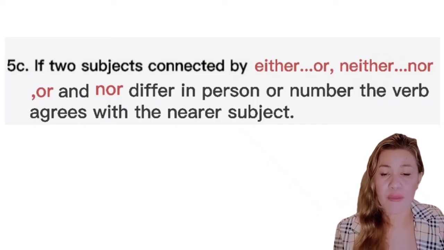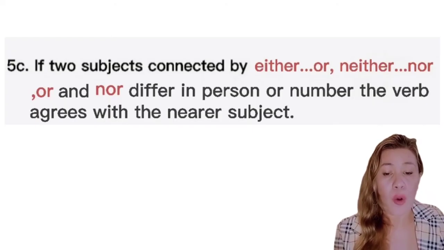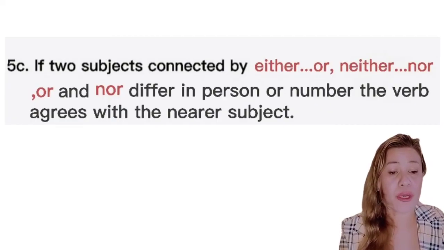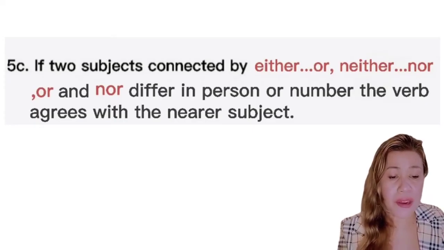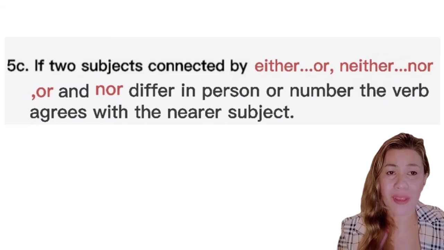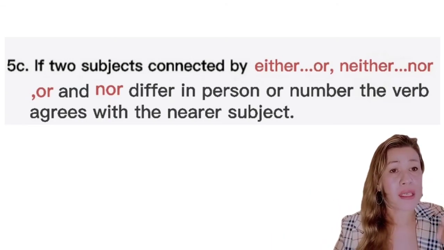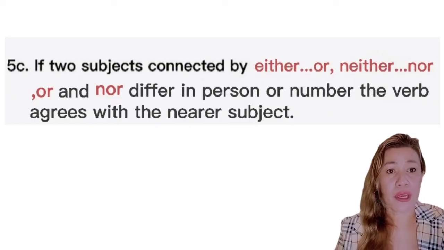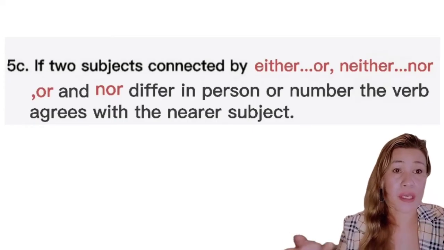Rule 5C in subject-verb agreement says, if two subjects connected by either or, neither nor, or nor, differ in person or number, the verb agrees with the nearer subject to the verb. What does that mean? Previously you learned that if both subjects joined by nor, or, neither nor, either or are singular, you will need a singular verb.